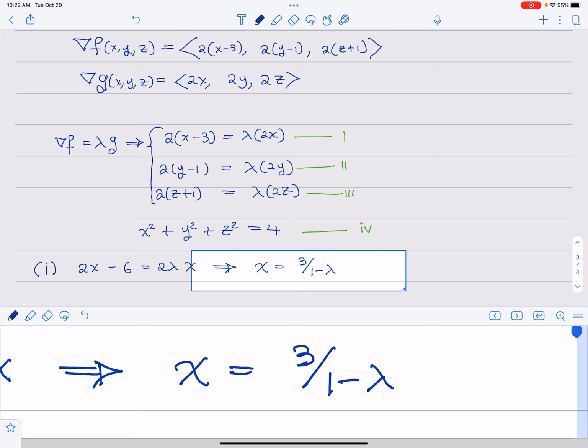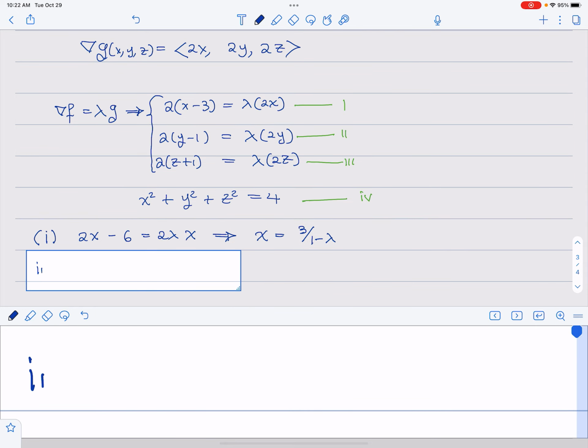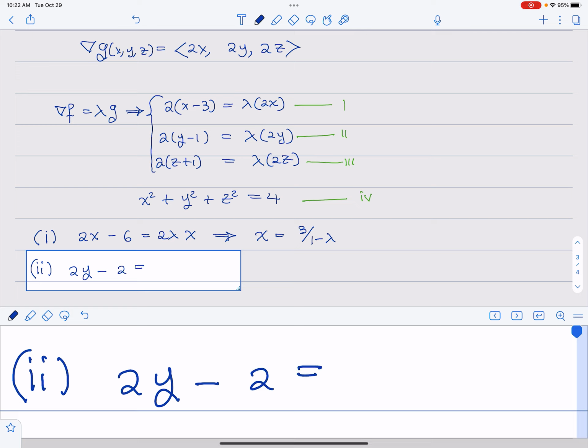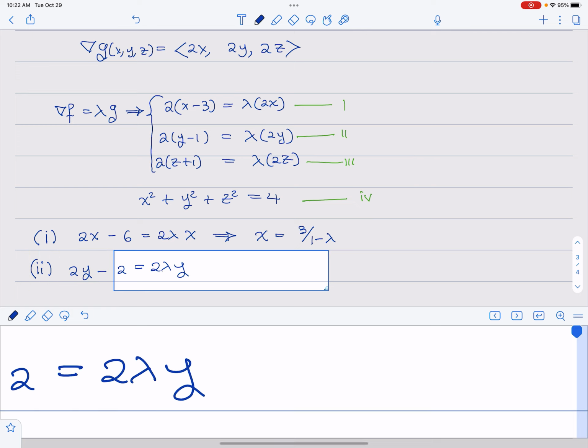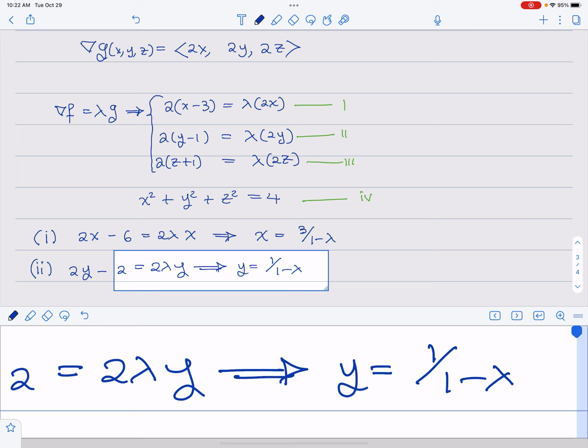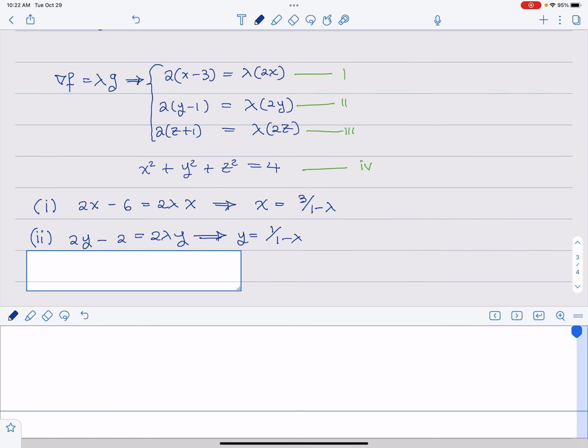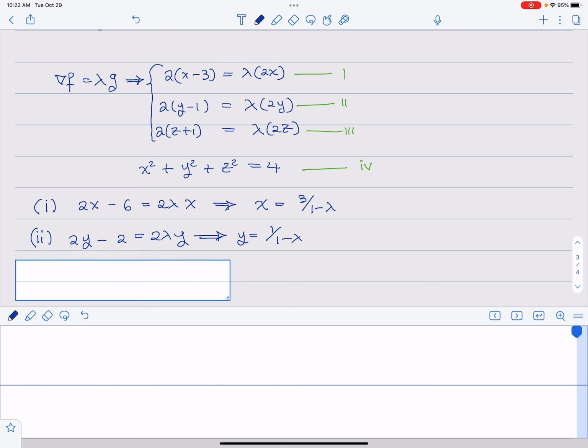Likewise, equation 2 is 2y minus 2 is equal to 2 lambda y, and if you solve for y, you get that y is 1 over 1 minus lambda, after some simplification.